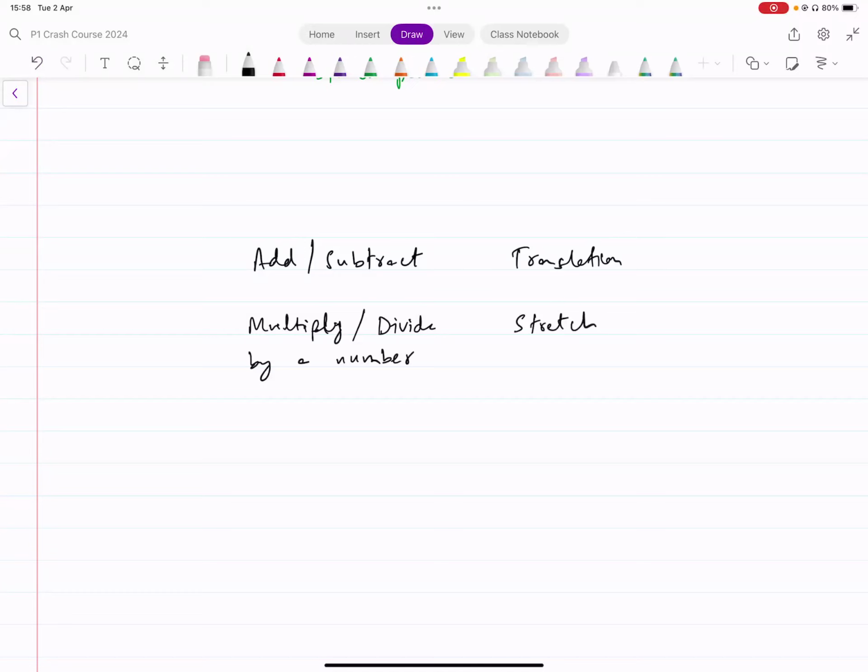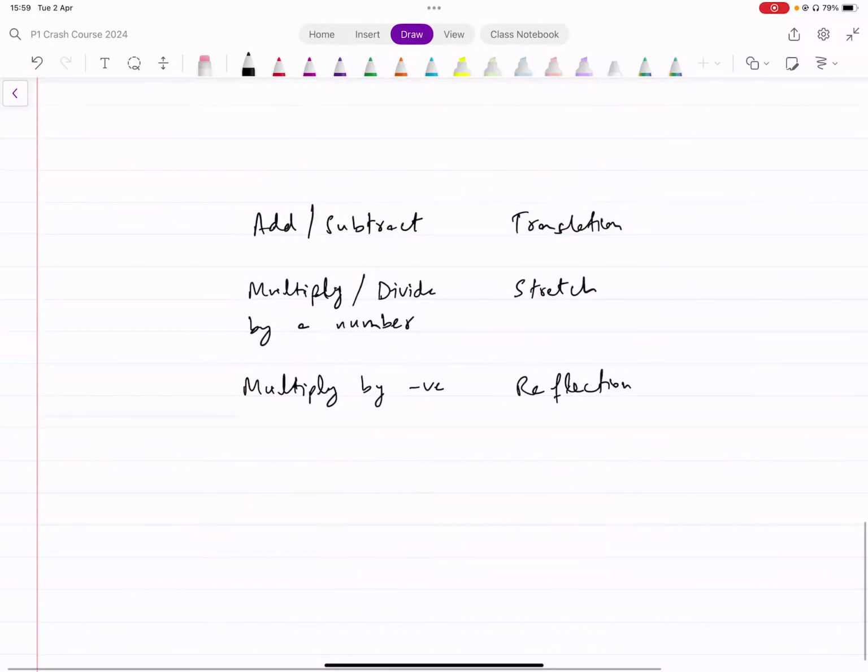And if you have multiplication by a negative sign, in that case, you have reflection. These are three transformations. Plus minus means translation. Multiplication by a number means stretch, and multiplication by negative sign means reflection.